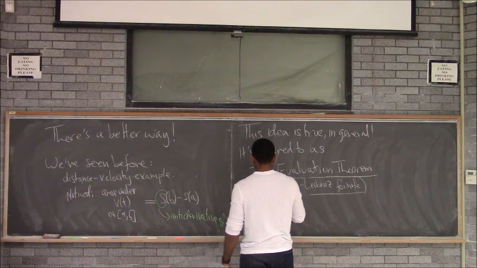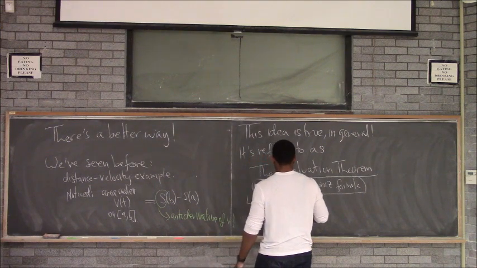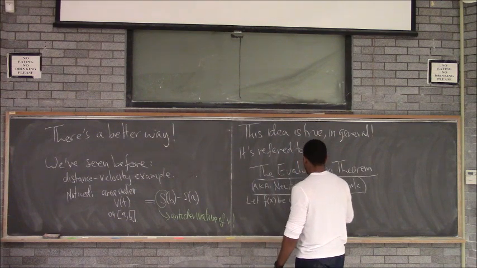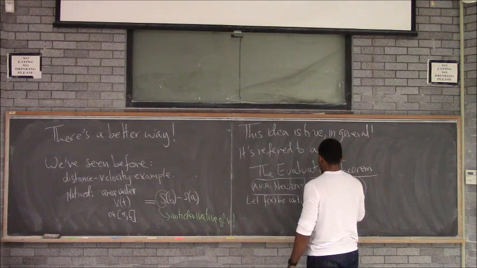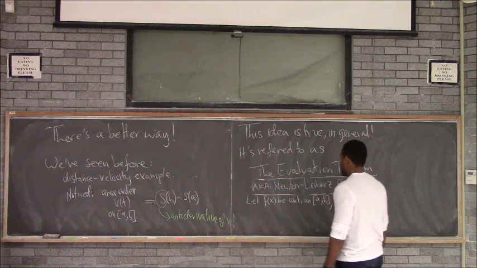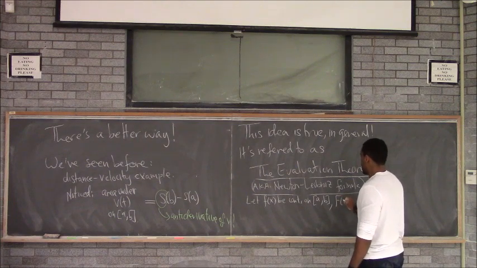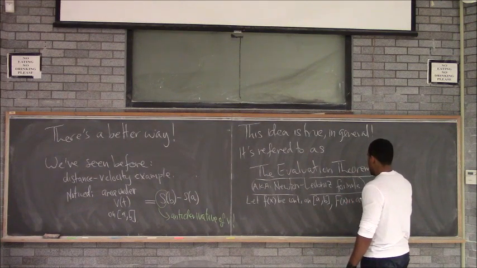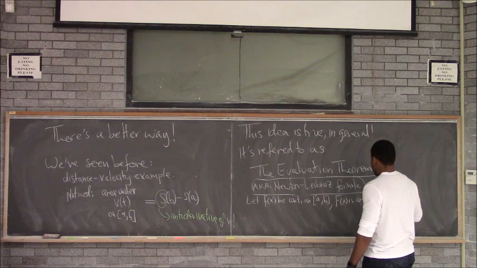Let f of x be continuous on AB, and big F of x is an antiderivative.